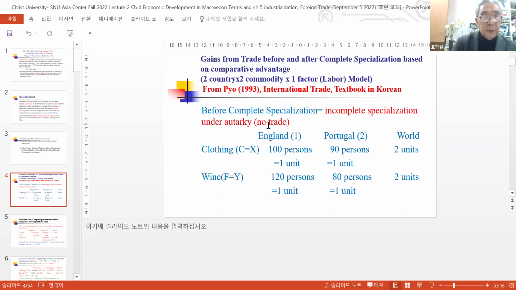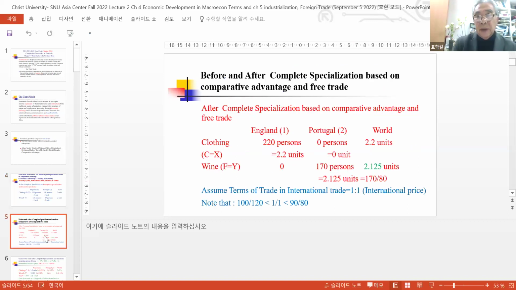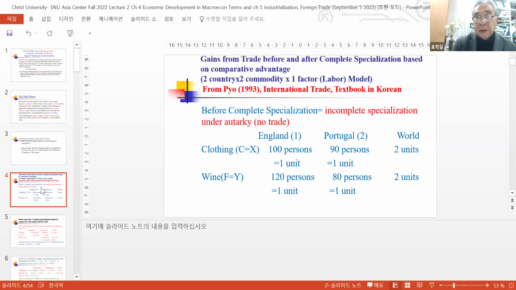But what happens if 2 countries engage in free trade based on comparative advantage, complete specialization? What does that mean, complete specialization? Compared to the no trade case, we call it incomplete specialization.